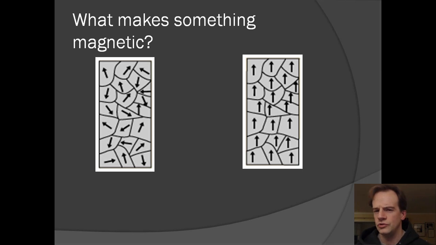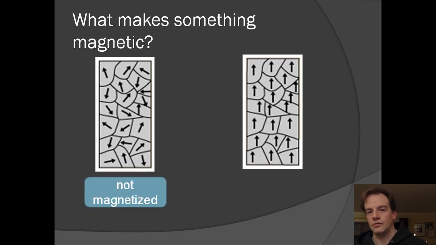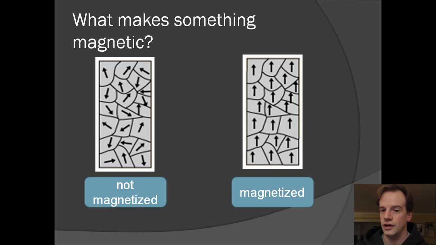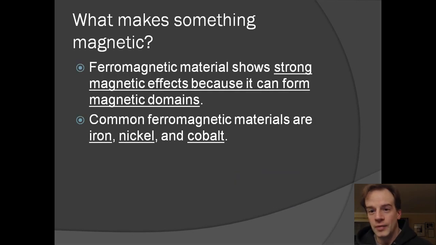So which of these do you think is the magnetic material? One on the left, not magnetized. One on the right, magnetized. Now ferromagnetic materials like iron, nickel, and cobalt have strong magnetic effects because they form magnetic domains, and it's no mistake that if you find iron, nickel, and cobalt on the periodic table, guess what?